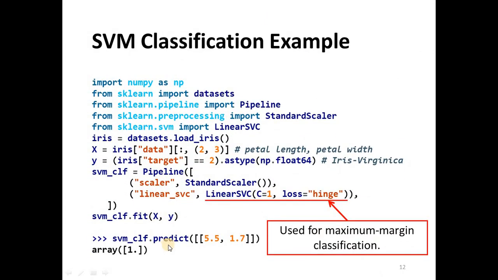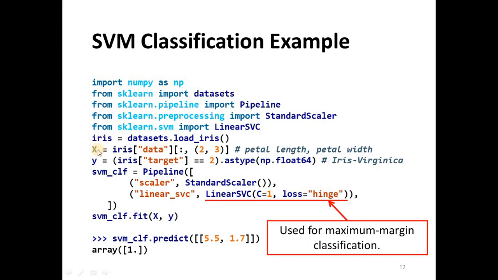Here is a complete SVM classification example. From scikit-learn, we import datasets, and here we use load_iris to load the dataset into the object or dictionary iris.